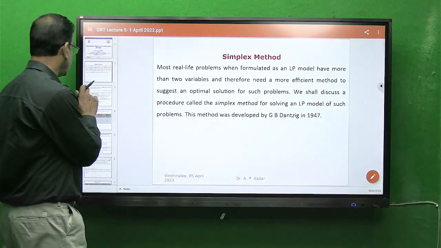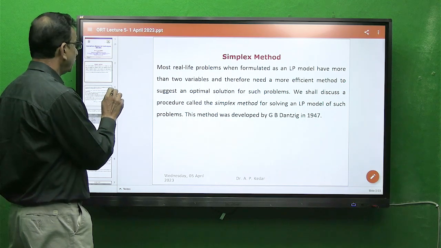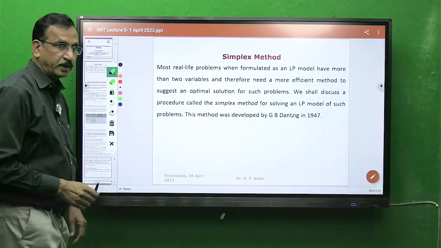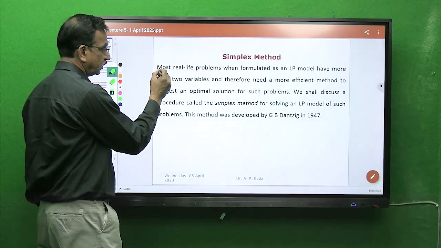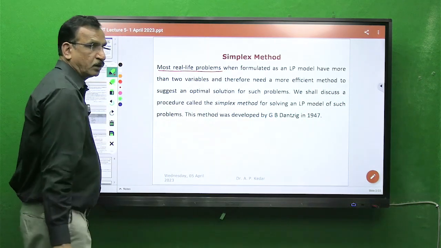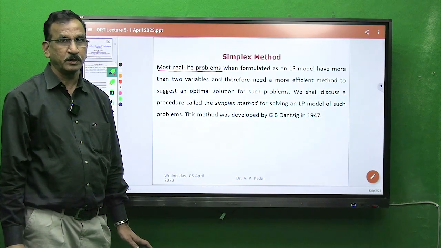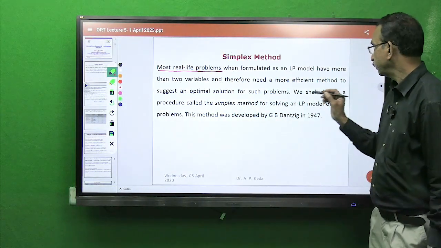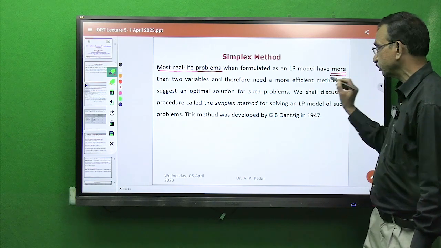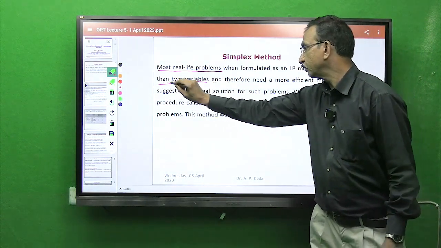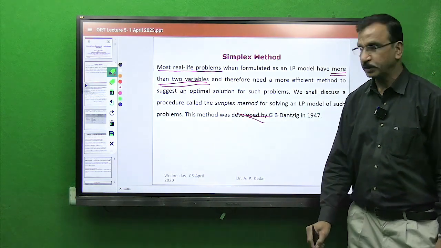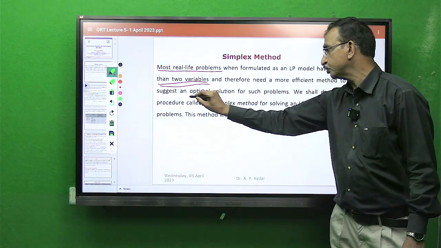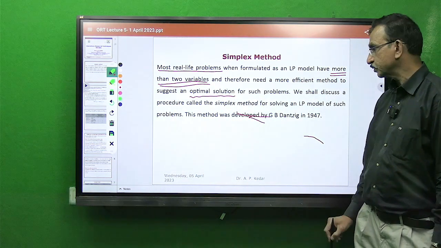Now here you can see, and we have discussed many times, most real life problems, the problems which we come across in day-to-day cases, when formulated as an LP model, have, this is very important, more than two variables, and therefore need a more efficient method to suggest an optimal solution for such problems.